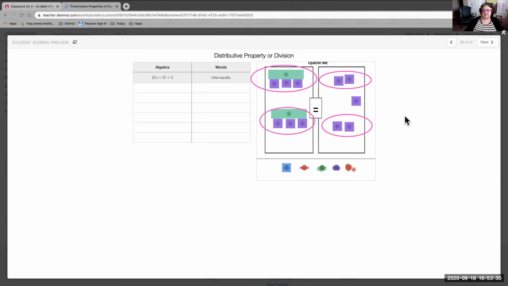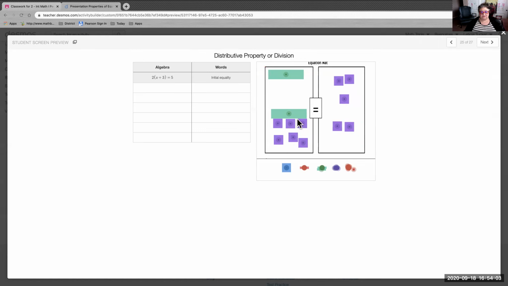Okay. So let me show you a different way to work with this. So let's not do groups. Let me clear that up. Okay. So we still have these 2 x plus 3's and then 5 on this side. Instead, what we're going to do is kind of distribute the groups.